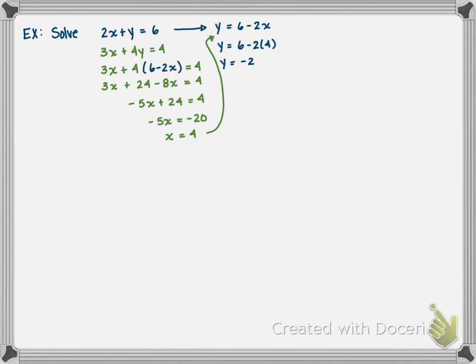Okay, you guys ready to try one? Okay. Let's solve x minus 2y equals 3 and 4x plus 2y equals 7. Solve the first equation for x.